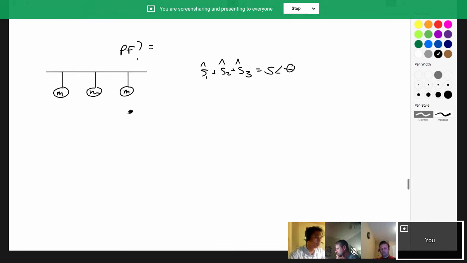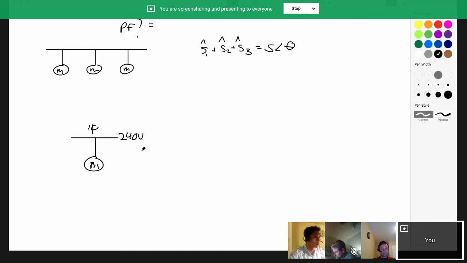How about this? I've got a good one. I've got a single phase motor. We'll say he's 240 volts. He's running at not the best power factor.